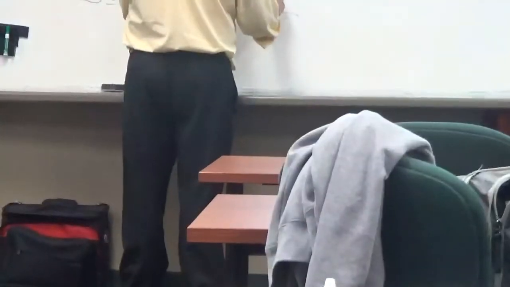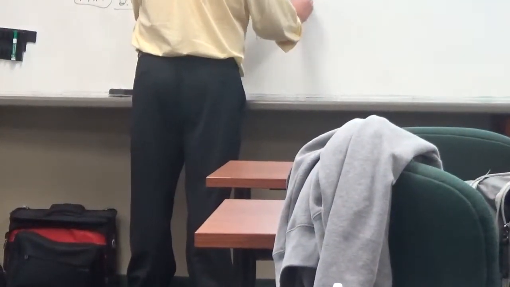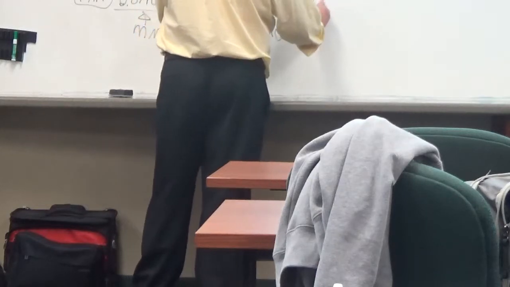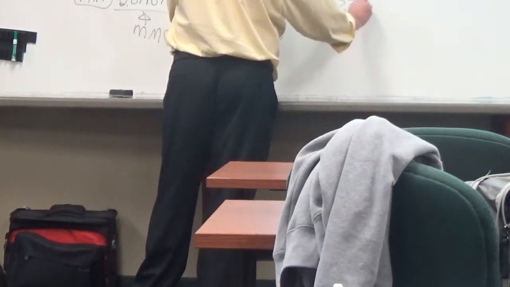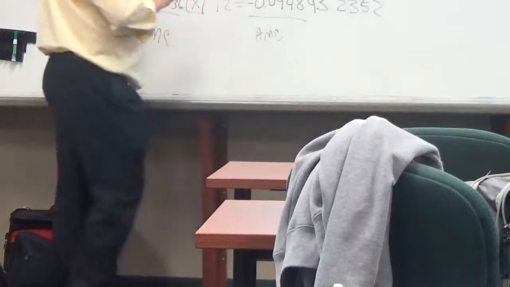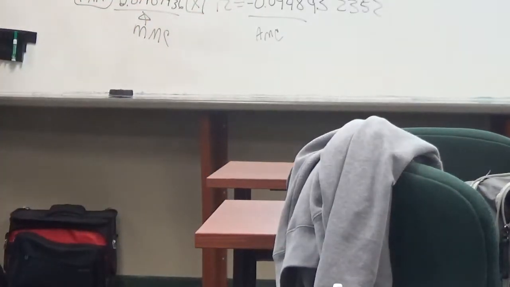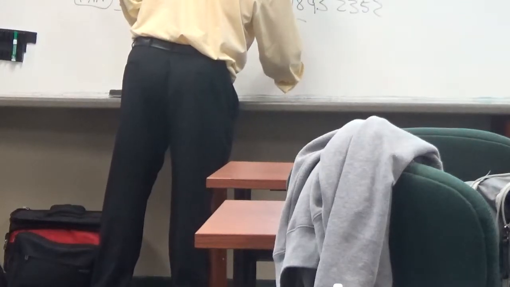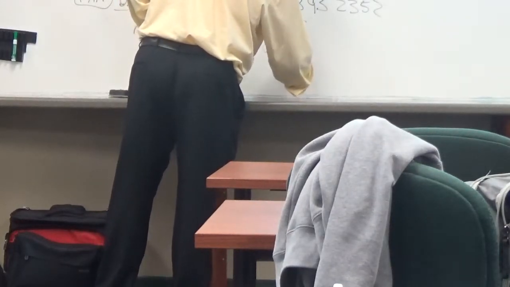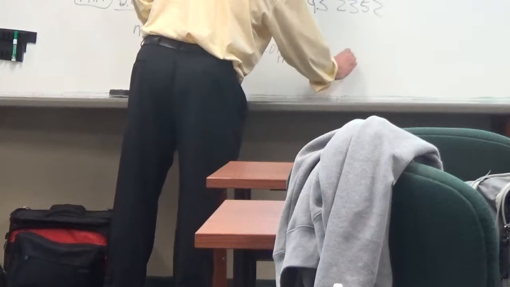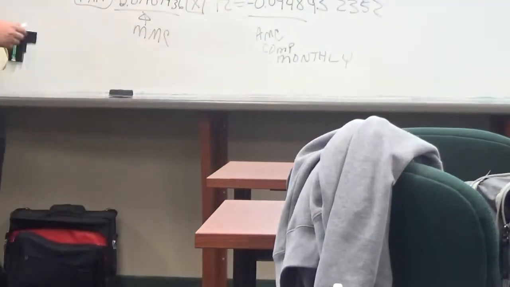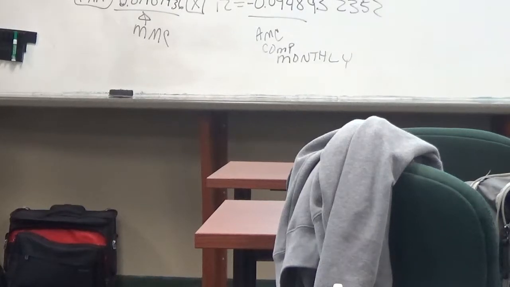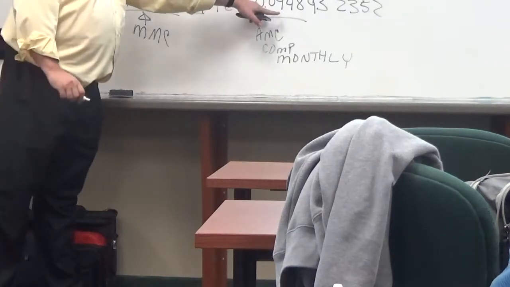That gives us 0.09489523552. This is the annualized mortgage constant compounded monthly. Now, that number should match up with what we have up here on the screen in terms of the calculation that Excel did for us.